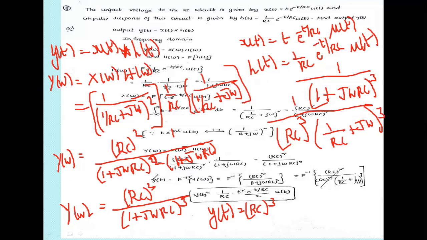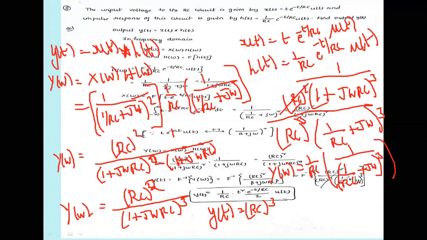Already in the numerator there is RC square, not the cube, RC square. So RC square we can write in the numerator, so the square and the cube get cancelled. We get Y of omega is equal to 1 by RC into 1 by (RC plus j omega) whole cube. So it is in the form of 1 by (A plus j omega) whole cube.